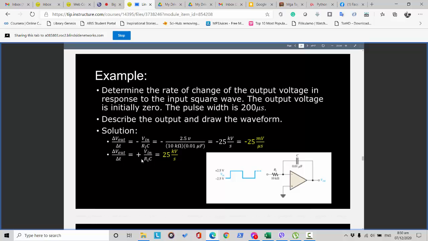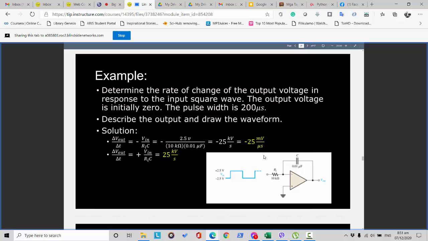Now for our positive values, we have to compute for that. We have the input voltage which is positive 2.5, and then we have the same product, therefore we have 25 kilovolts per second, or 25 millivolts per microsecond.